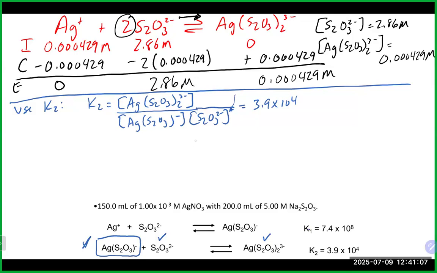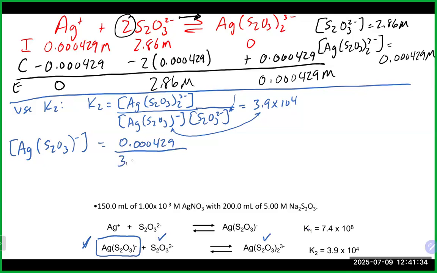We're going to put our numbers in here, and essentially, kind of similar. These 2 guys are going to switch places, basically, if you rearrange this correctly. And that will give you that the concentration of AgS2O3 minus equals our equilibrium concentration of our complex ion divided by our K2 value that we moved over, and divided by our equilibrium concentration of our S2O3 2 minus.